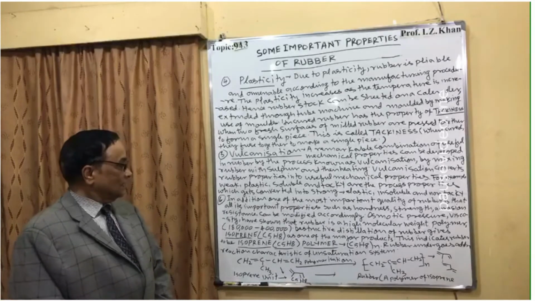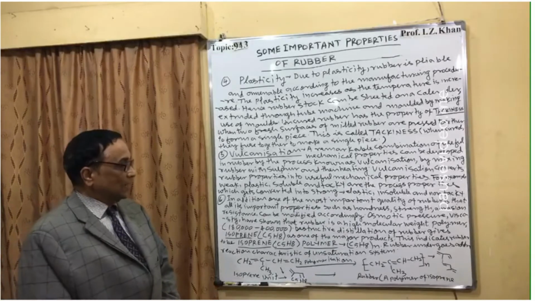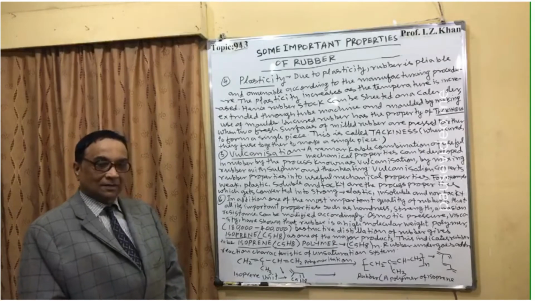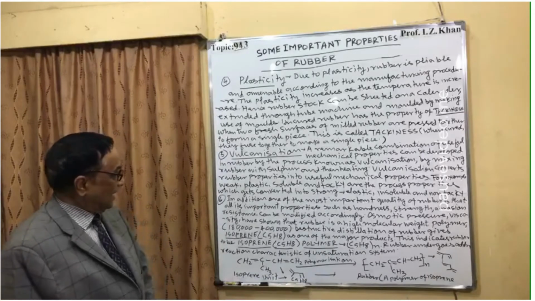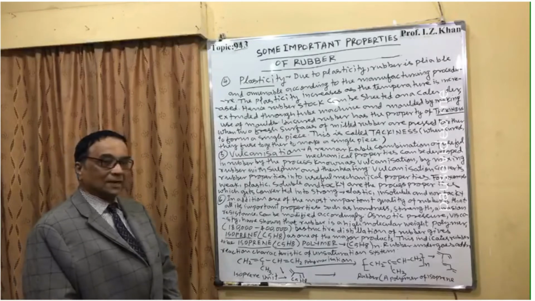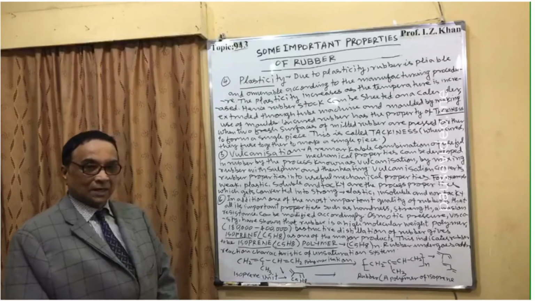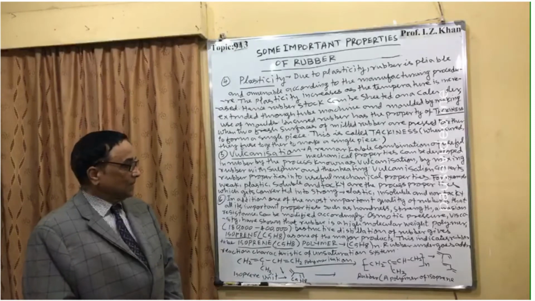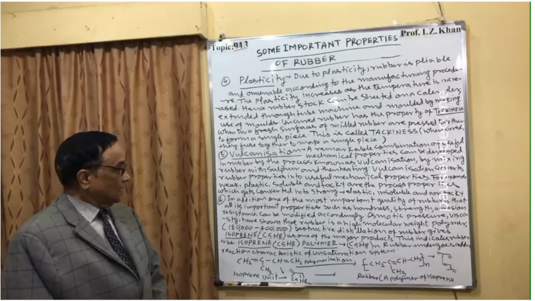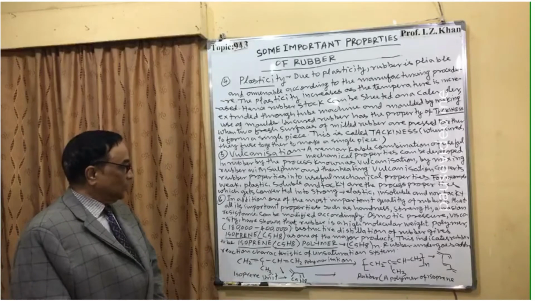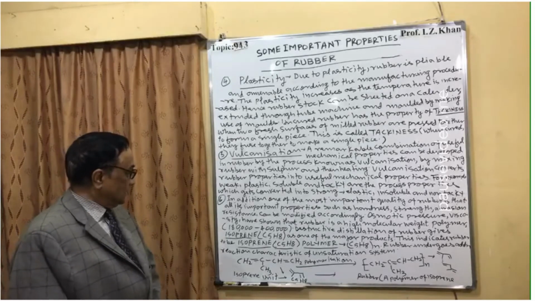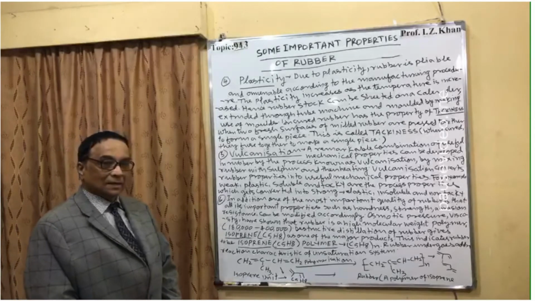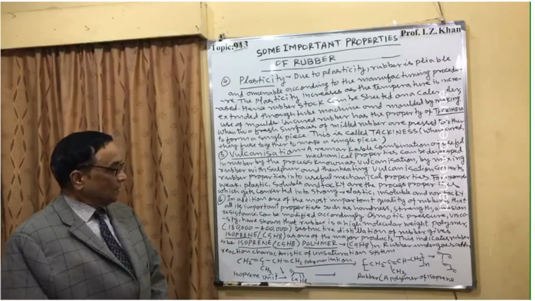Osmotic pressure and viscosity have shown that rubber is a high molecular weight polymer, and that molecular weight goes from 180,000 to 400,000. Destructive distillation of rubber shows rubber to be an isoprene, that is C5H8 unit, polymer.